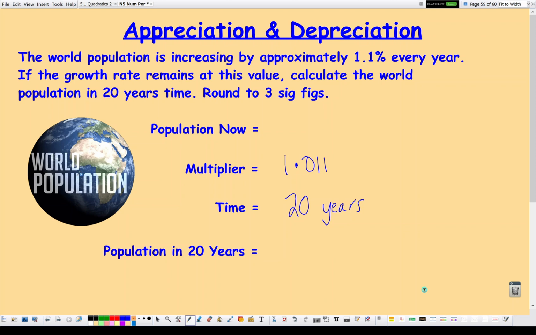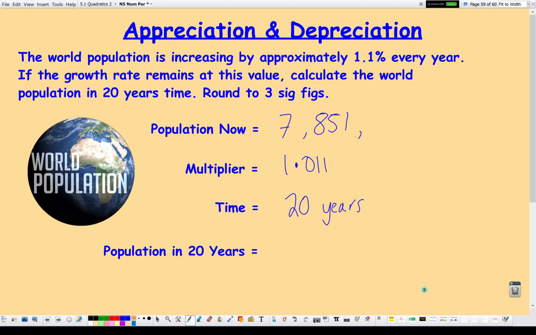And what's the population right now? I don't know, but I've got a link here which you won't be able to see, and it takes me straight to the current world population. My screen is telling me that it is 7,851,195,000. Let me write that down.